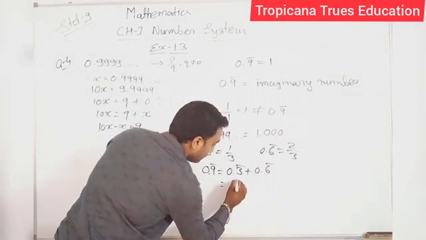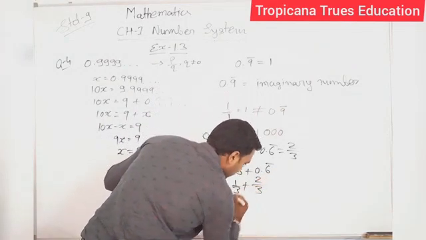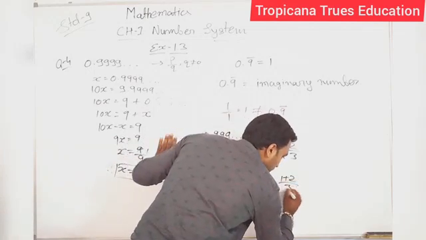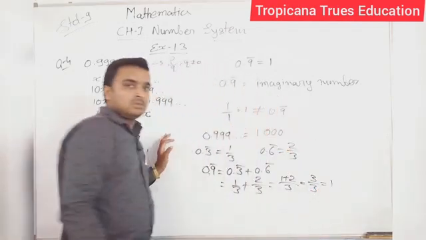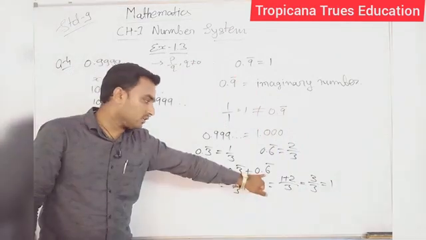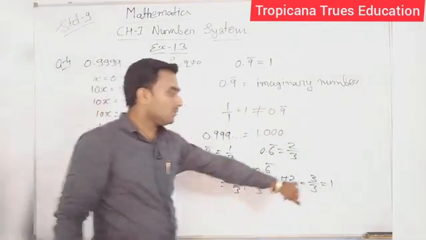Now here it is 1 upon 3 and this one is 2 upon 3. Now we add them, 1 plus 2 upon 3, the answer will be 3 upon 3, so the answer will be 1. So we see that the addition of two rational numbers gives this, so again through this process the answer will be 1.